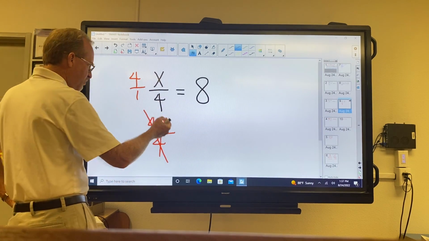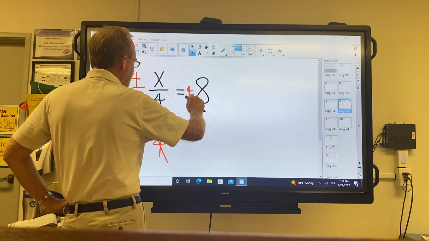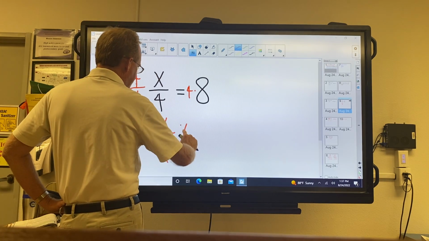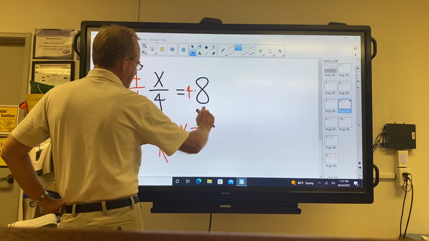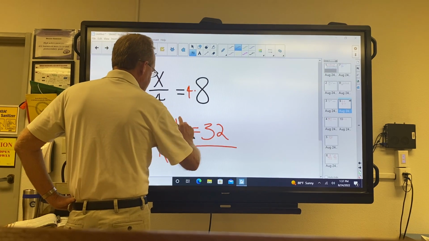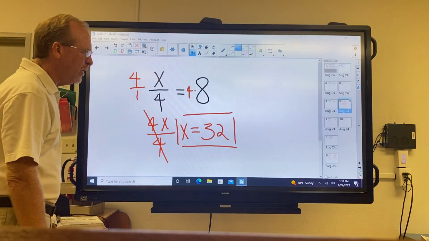And here, pretty straightforward. Remember, we multiplied by 4 on this side, so we're going to multiply by 4 on this side. So that means 4 times 8. We have x left over on this side. 4 times 8 here, x is equal to 32. So that's a neat little trick you can do if you see those fractions pop up, and they will.